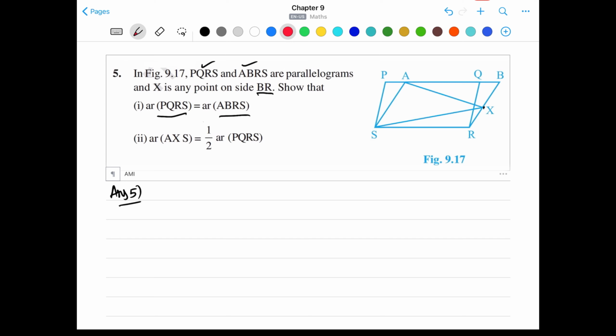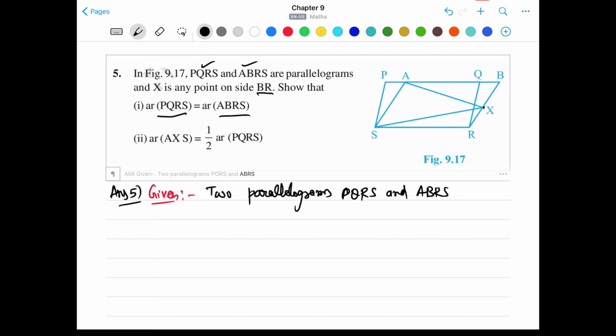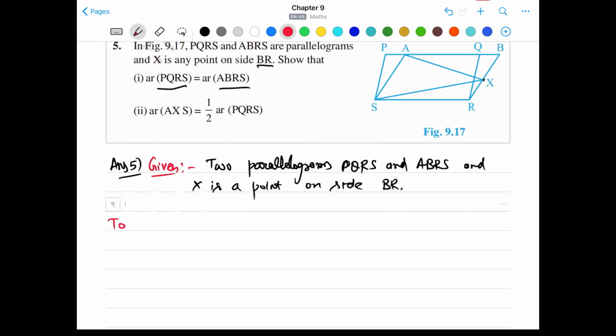That's answer number 5. First you write the given portion. Given here are two parallelograms, PQRS and ABRS, and X is a point on side BR. We have to prove two things.